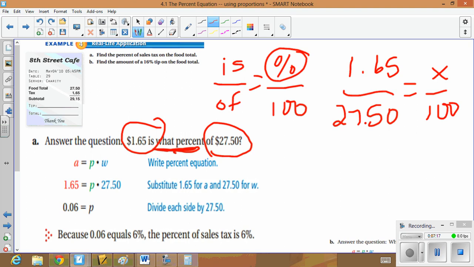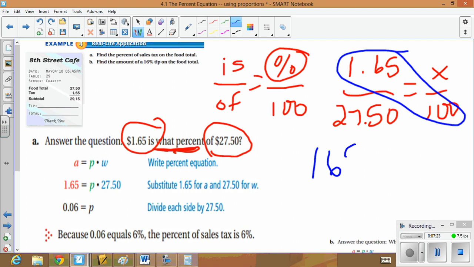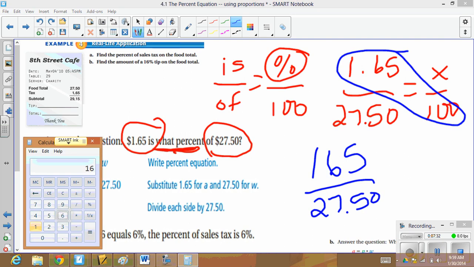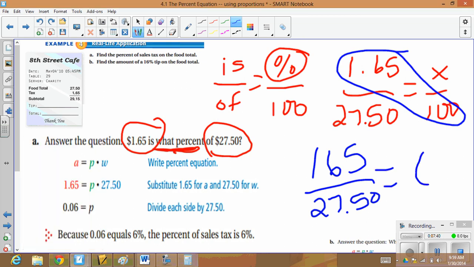So we're going to multiply 1.65 times 100, and I'm going to take this number and divide it by 27.50. And I get an answer of 6. So that means my sales tax is 6%.